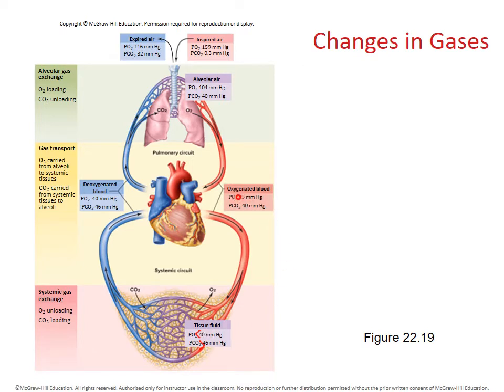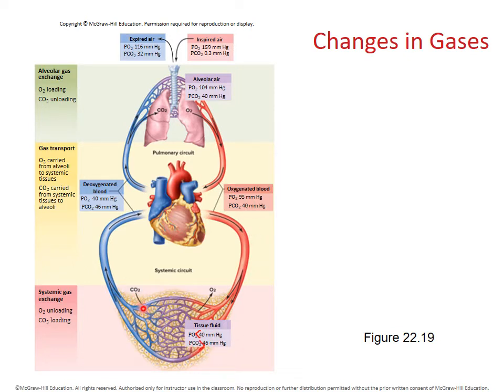Oxygen is going to move from the blood into the tissues, which is exactly what we want. If we look at the PCO2s, we're going to have a PCO2 of the oxygenated blood of 40, a PCO2 in the tissues of greater than 46. And so again, a concentration gradient, CO2 is going to move from 46 to 40, meaning from the tissues into the blood, and that's what we want.